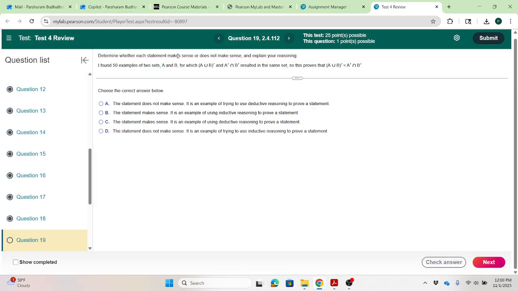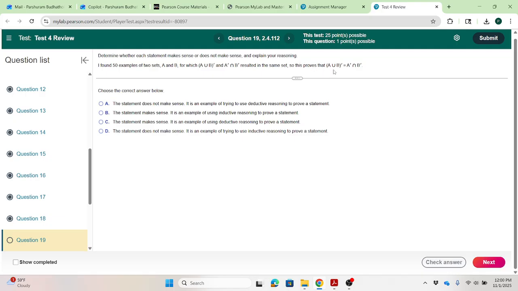Determine whether each statement makes sense or does not make sense, and explain your reasoning. I found 50 examples of 2 sets, A and B, for which the complement of the union of A and B, and the intersection of A complement and B complement resulted in the same set.